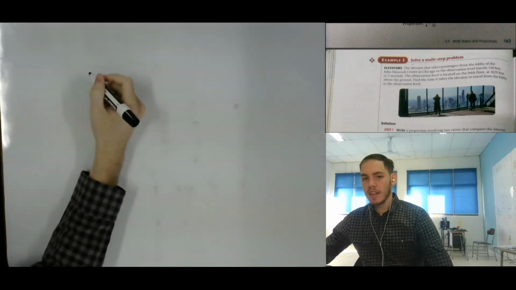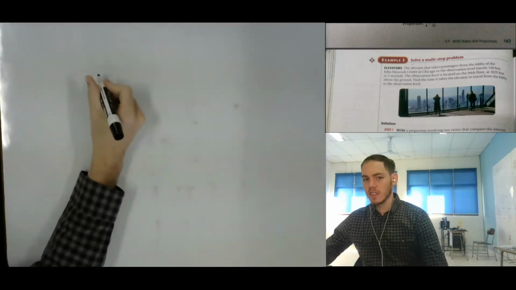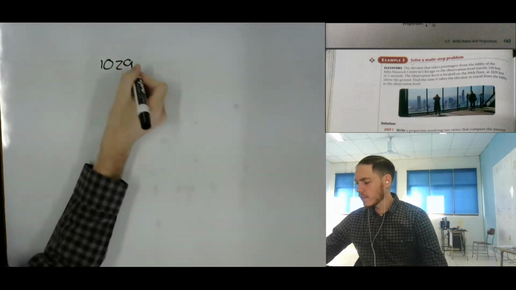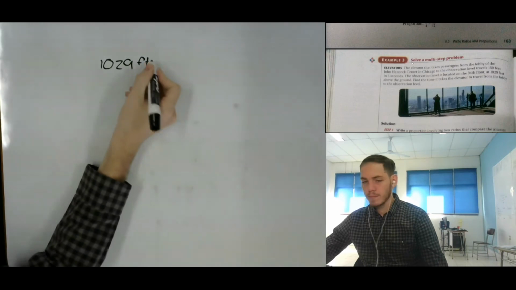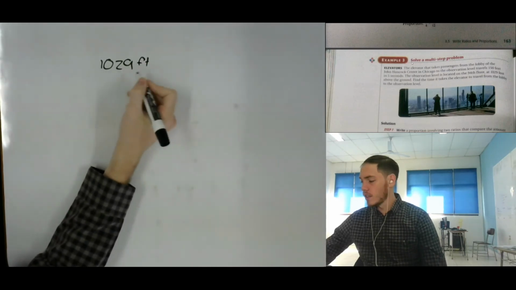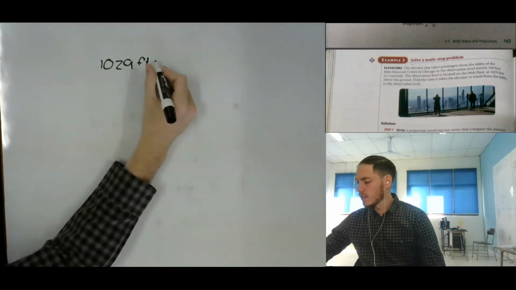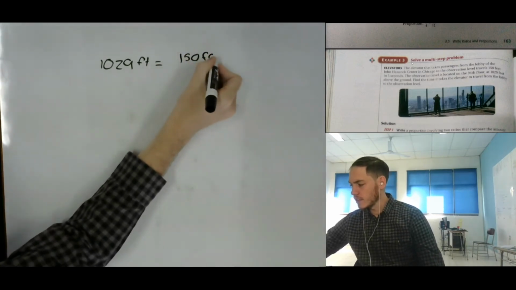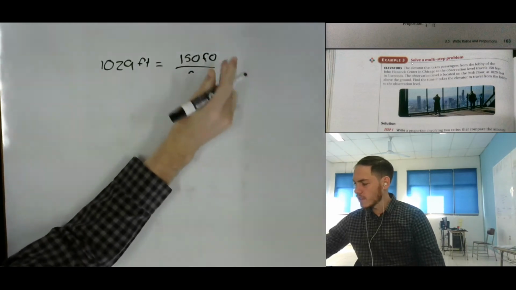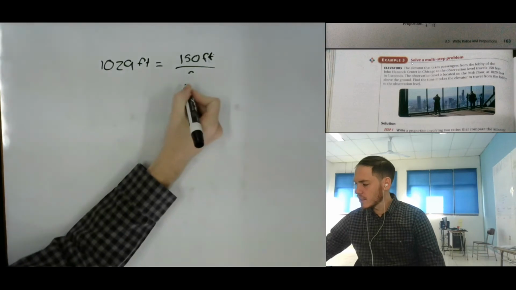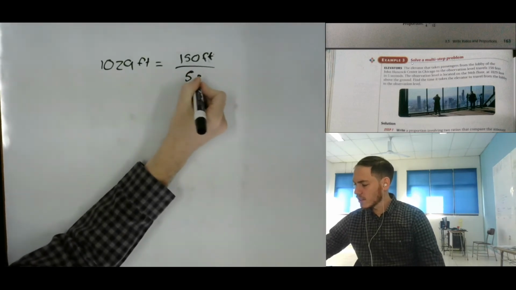So, the observation level is going to be 1,029 feet, right? And we're given that the elevator travels 150 feet in 5 seconds.